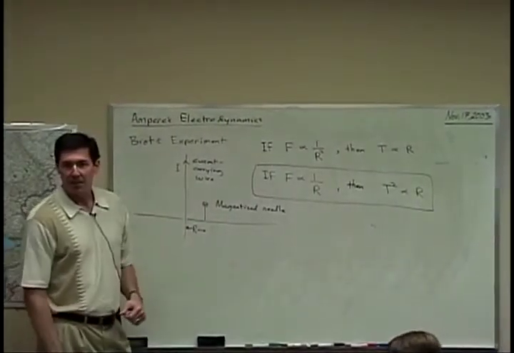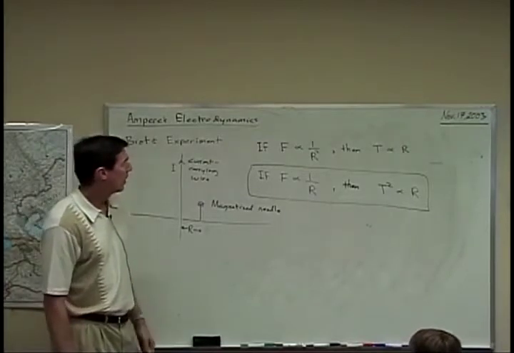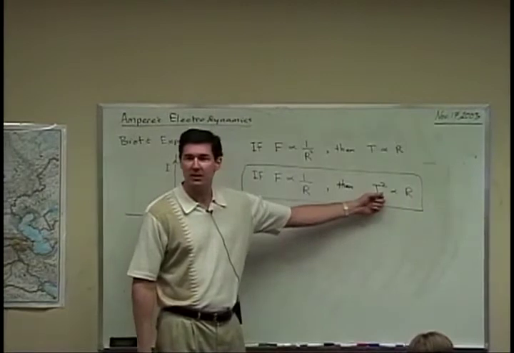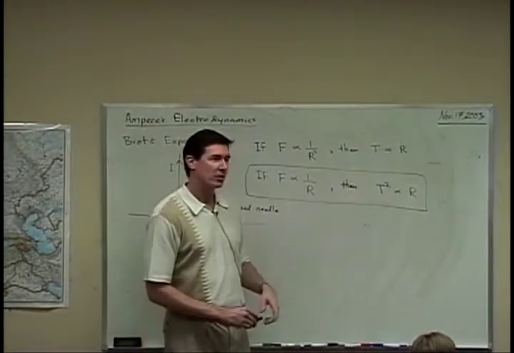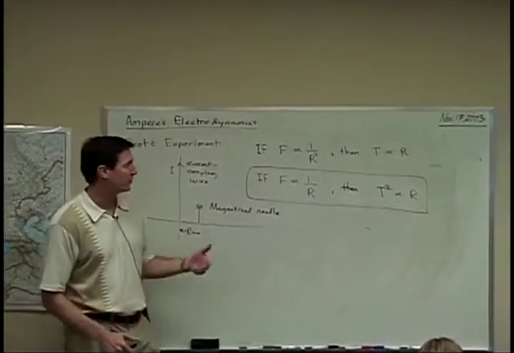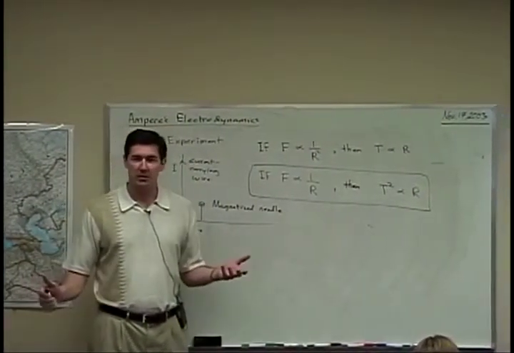Can you get a period squared? Well, whatever the period, what this means is, let's say that you determine a period of 2 seconds. Well, you square it, you just get 4.